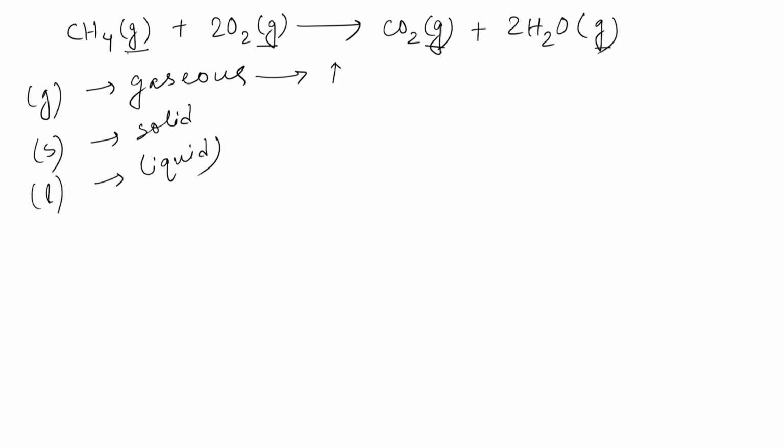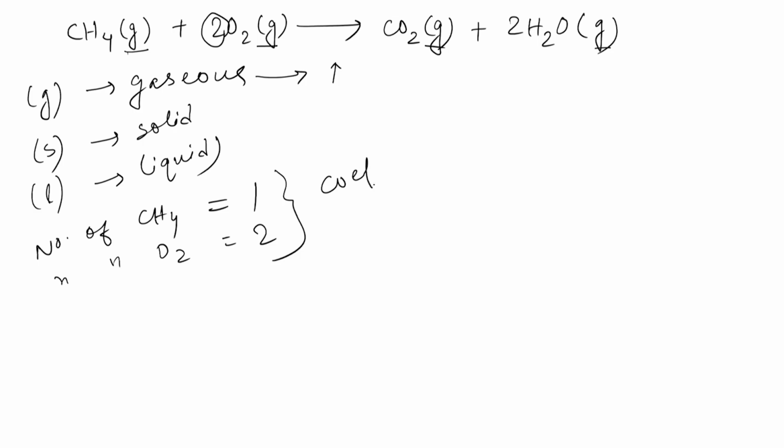So in this reaction, these coefficients tell us how many methanes are reacting. The number of methane in this reaction is 1. How many oxygen are reacting? This is 2. So these are the coefficients of reactants. Similarly, how many carbon dioxide is formed?